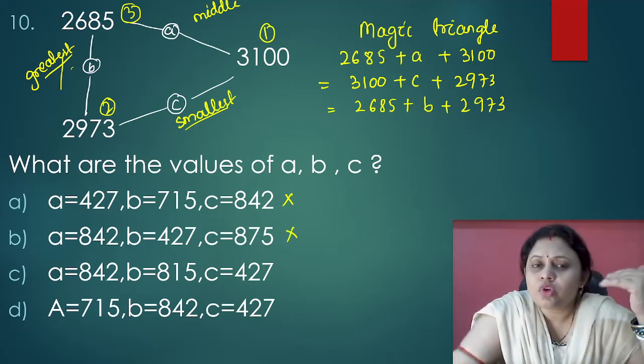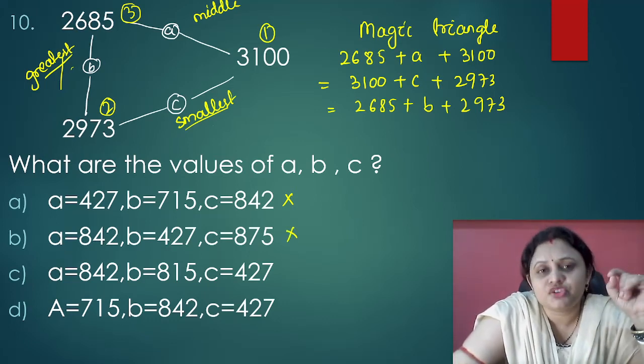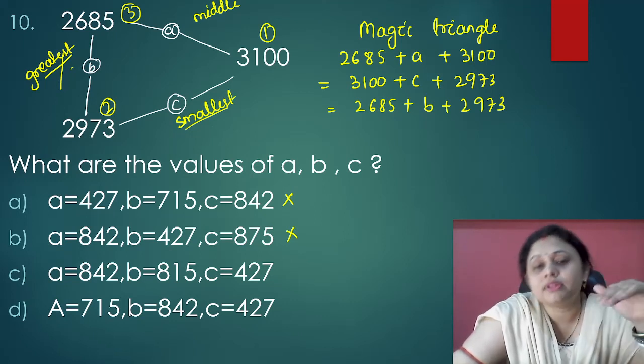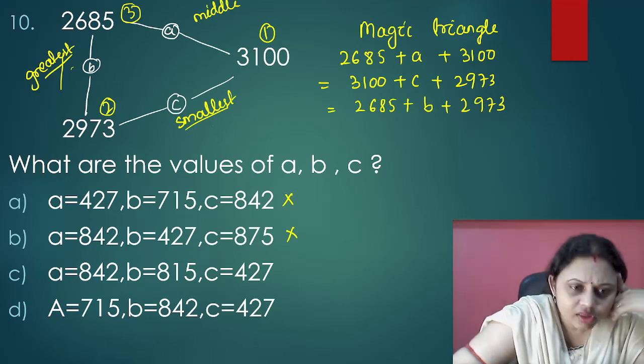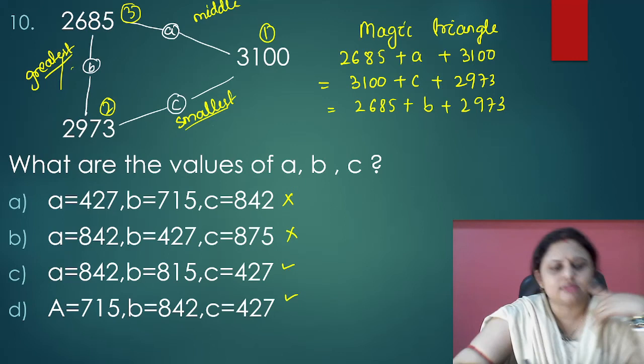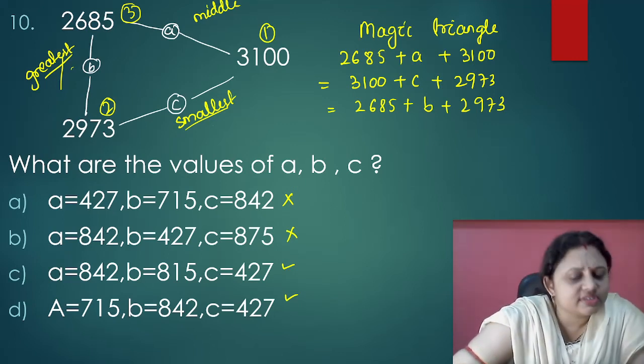You have to apply the elimination technique, which means removing what cannot be the option. Next, A, B, C. Here C is the smallest, so it can be the answer. Next, A, B, C. Here also C is the smallest, so it can be the answer. So we have to check options C and D.